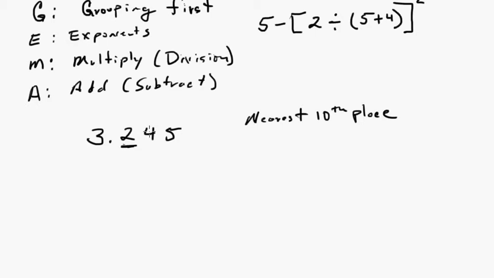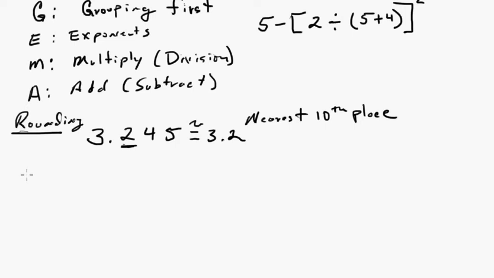So I look at a 4, it's below 5, so I'm going to say that this number is approximately 3.2. So it sort of seems like an operation, but we're not really applying anything. So it's called rounding. It's not so important to know whether or not it's an operation, but you need to know that you're making a slight modification to the number.